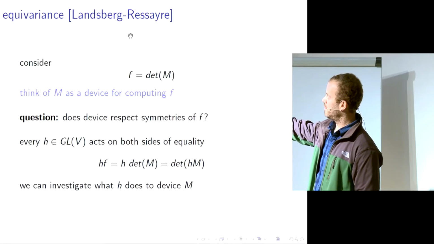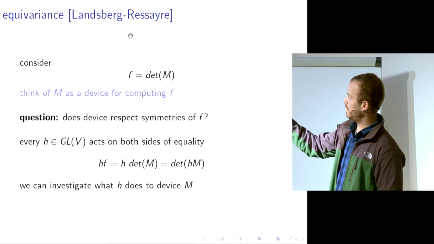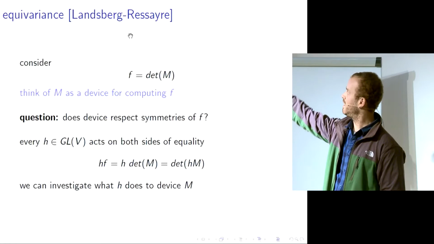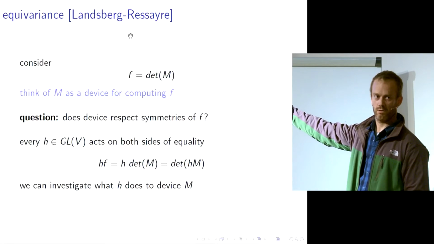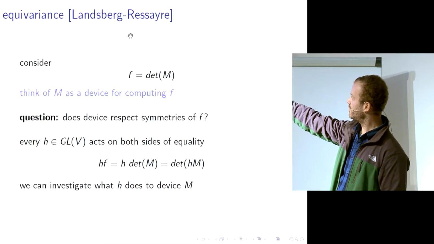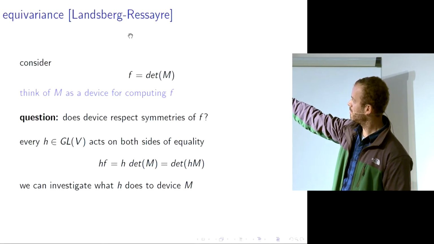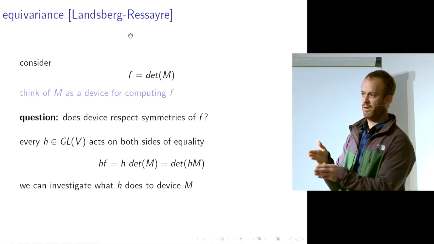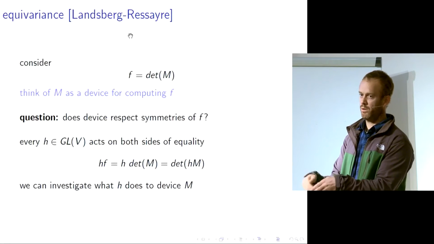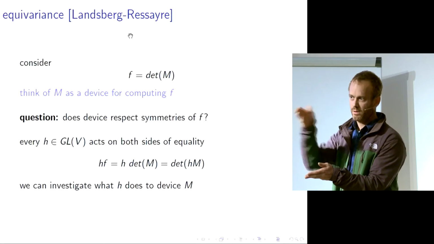We can take a matrix H, and we can act with it on F, on the left-hand side of this equality, and we can also act on it on the right-hand side of this equality, and this actually moves the action inside. The variables are written inside the determinant, so when you act on the variables, you act inside the polynomial.